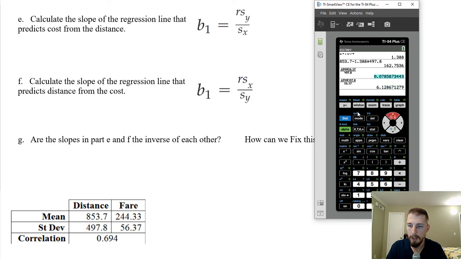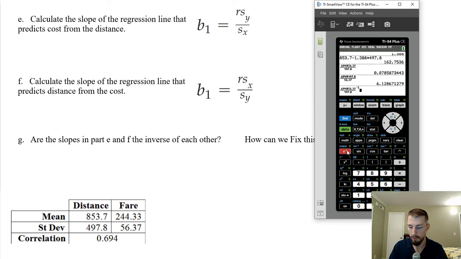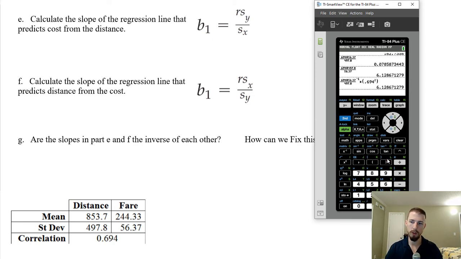Okay, now in case you were curious, once we have this actual value here, what we could do is take the inverse of it, and then multiply it by the correlation squared. I'm going to put that in like this. So 0.694 squared, and that's going to give us the exact same value. Ready? Oh, so cool. Sorry, I did the mic pop there.